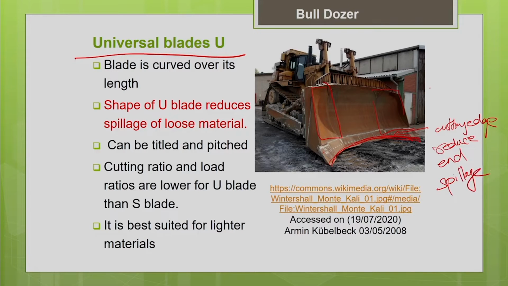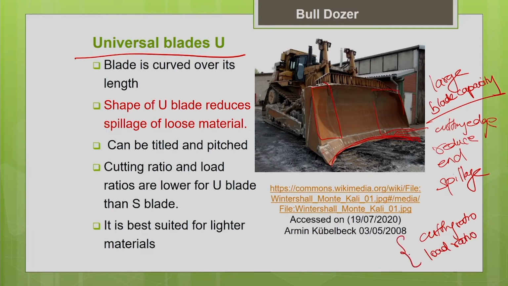So these blades have large blade capacity. Blade capacity is high because they are bigger blades. The dimension is bigger, so that's why the blade capacity is bigger. But one thing to be noted, the cutting ratio and load ratio are lower for the U blade when compared to the straight blade, because they are bigger in dimension.